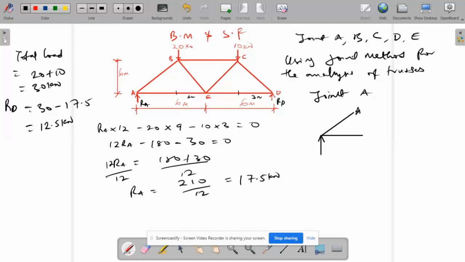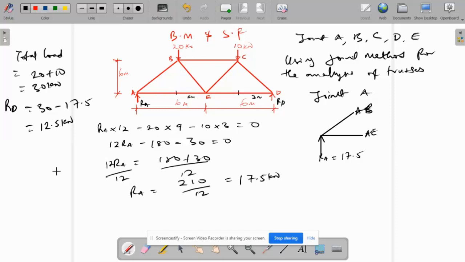This is AE, and this is AB. So this is our reaction A. We already know this as 17.5 kilonewton. So this angle, we need to look at this angle.